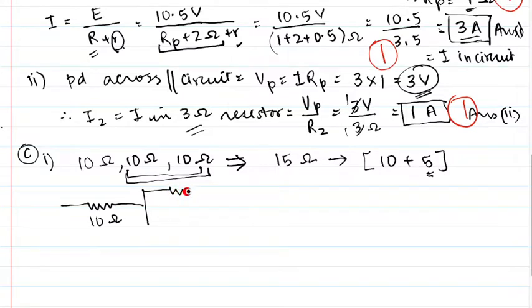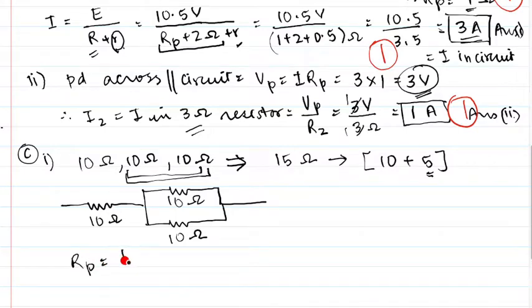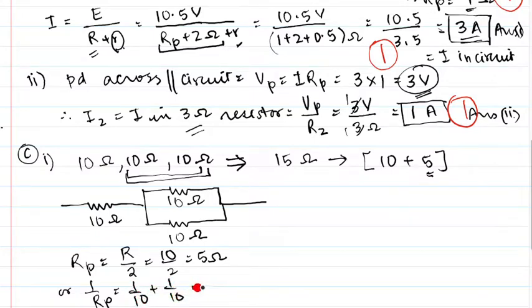So let us connect them in parallel like so. And this is your 10 ohm and this is our 10 ohm. So Rp will be equal to R upon 2, which is 10 upon 2, which is equal to 5 ohm. So if I use the R upon N formula, then I can get this, or you can say 1 upon Rp is equal to 1 upon 10 plus 1 upon 10, which is equal to 2 upon 10, which is 1 upon 5. Therefore, Rp will be equal to 5 ohm.